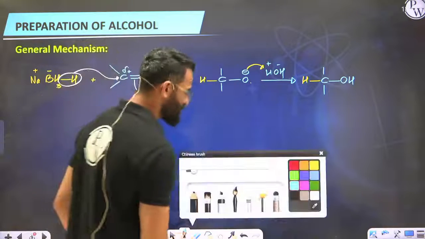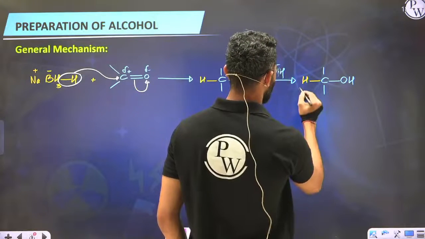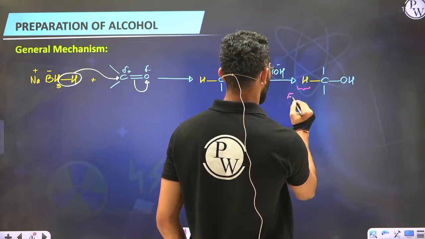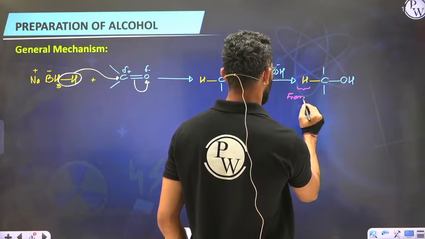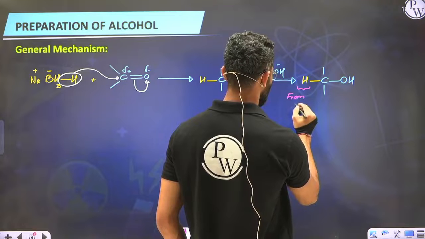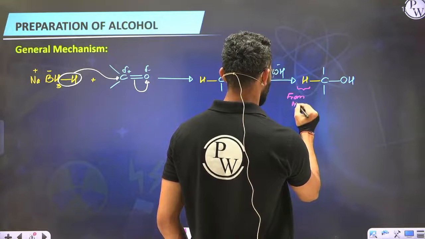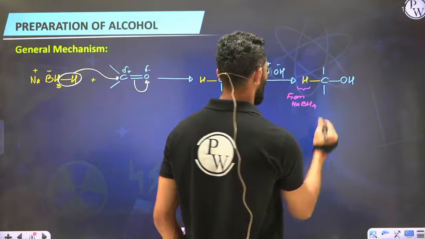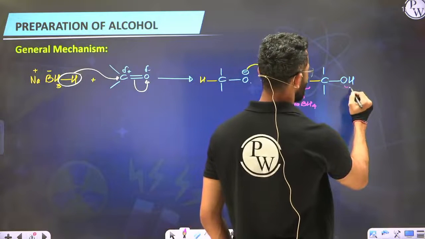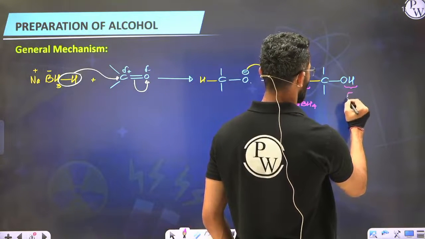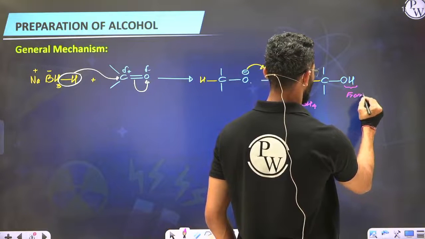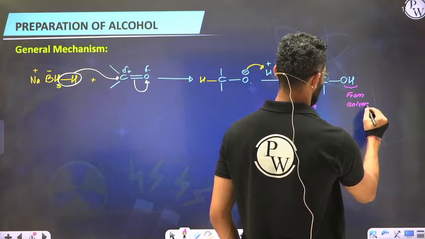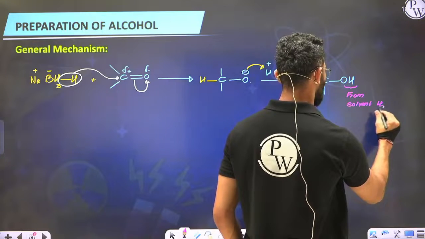What do we learn here, everyone, is this hydrogen that you see is from the metal hydride, that is NaBH4. Whereas this hydrogen is from the solvent, which is, let's say, water.